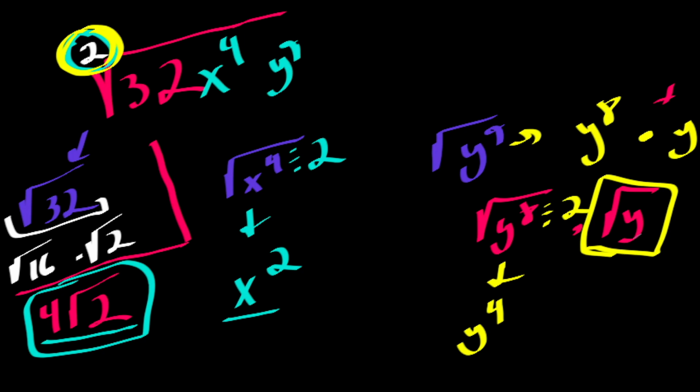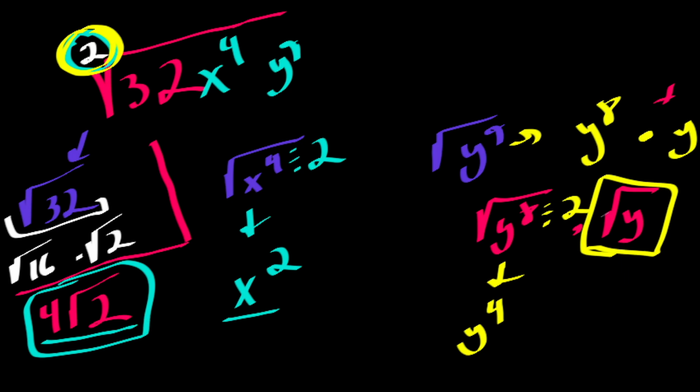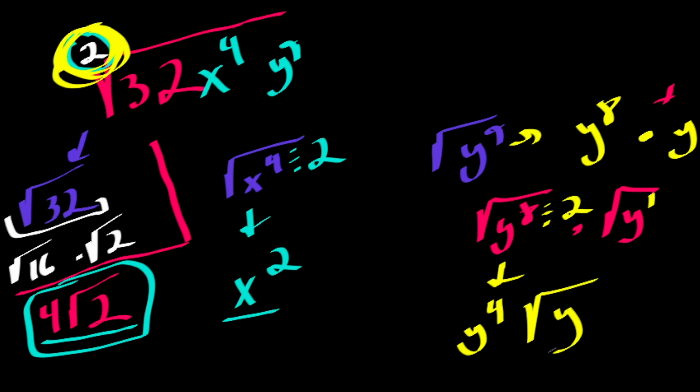This square root of y is the exact same situation that we had with the square root of 2. When we did the square root of 2, we couldn't break that down any further. It's the exact same situation with y to the 1st, because y to the 1st power can't be broken down any further to try to make an exponent that's divisible by 2. I mean, you could try to get into some weird logic here, but it's not going to work. So we're just left with y, or the square root of y.